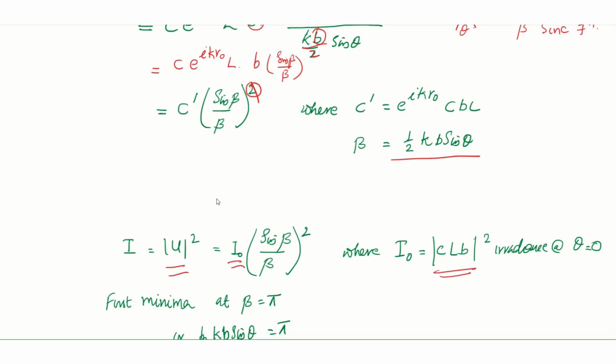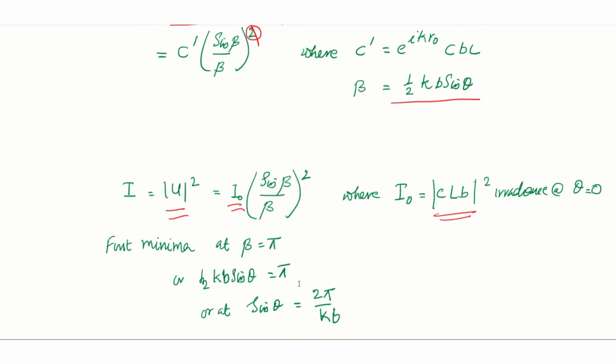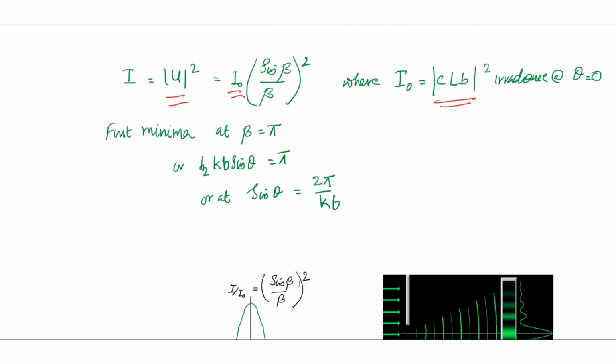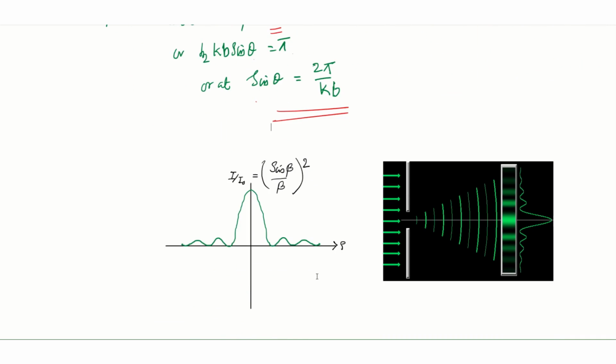I0 is just the modulus square of this one, that is CLB the whole square, that is the radiance at theta equal to 0. And the first minimum occurs at beta equal to pi. At beta equal to pi, this becomes 0, or half k b sin theta equal to pi, or b sin theta equal to lambda. That is the condition for the first minimum.